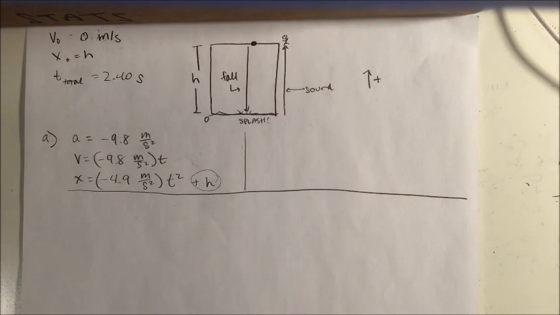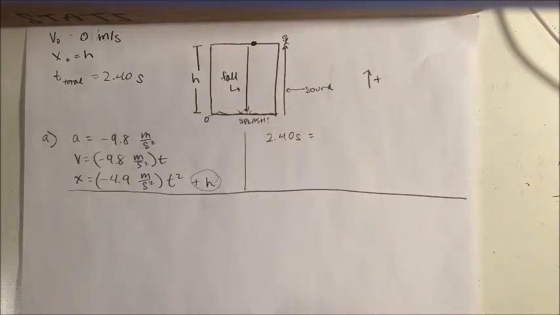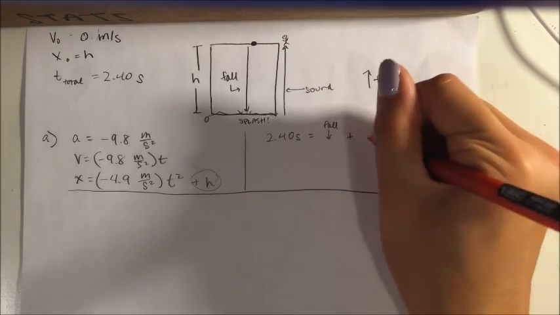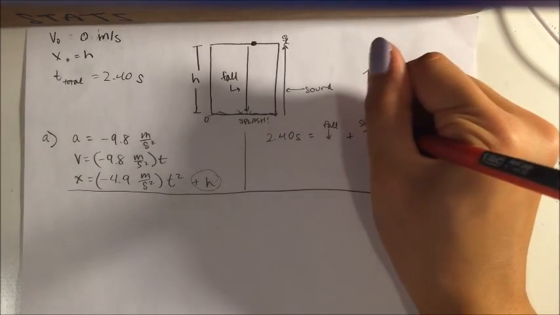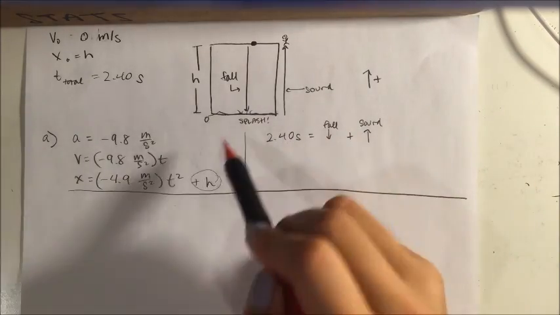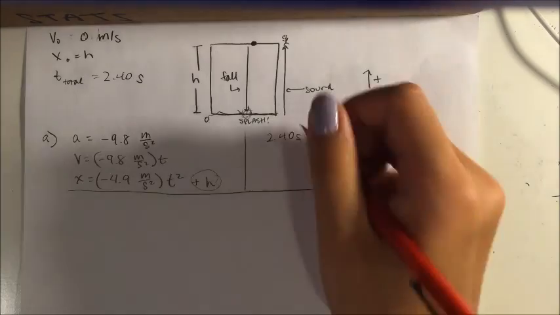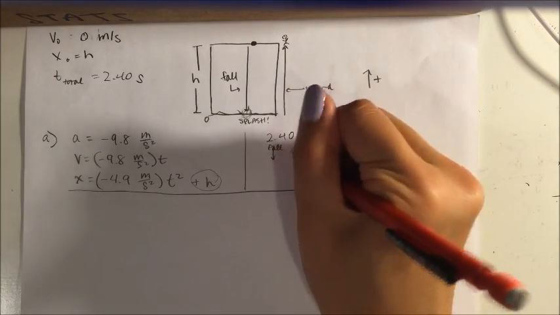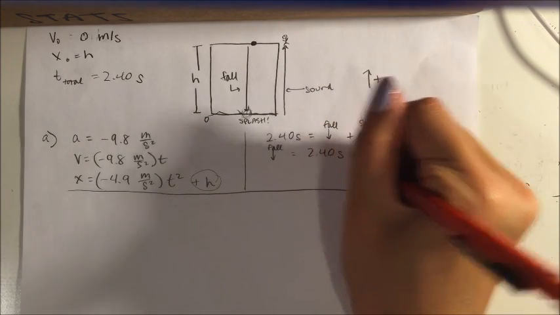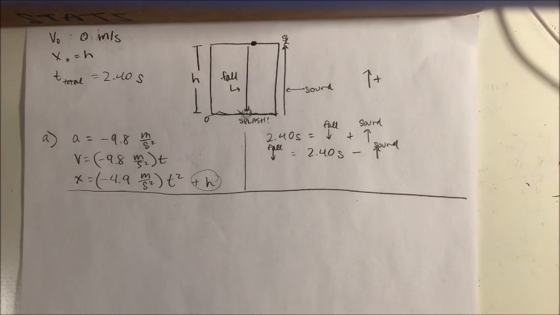So if I write that in equation form, 2.40 seconds is equal to the time of the fall plus the time of the sound to come back up. If we just want the fall, because we're looking for this moment right here, you just move that over, so 2.40 seconds minus the time it takes for the sound to come back up.